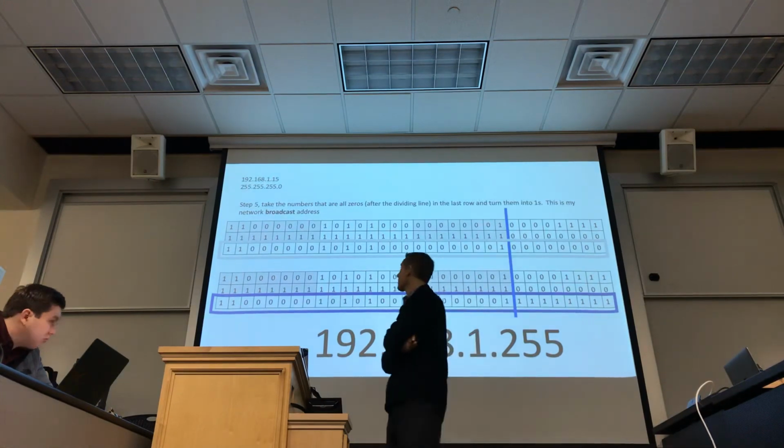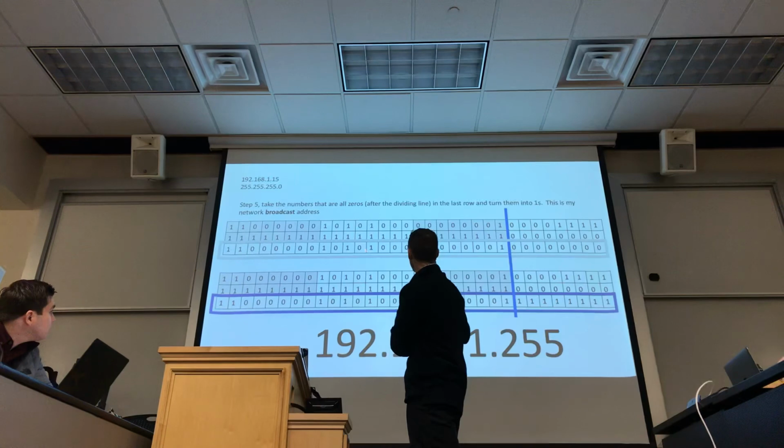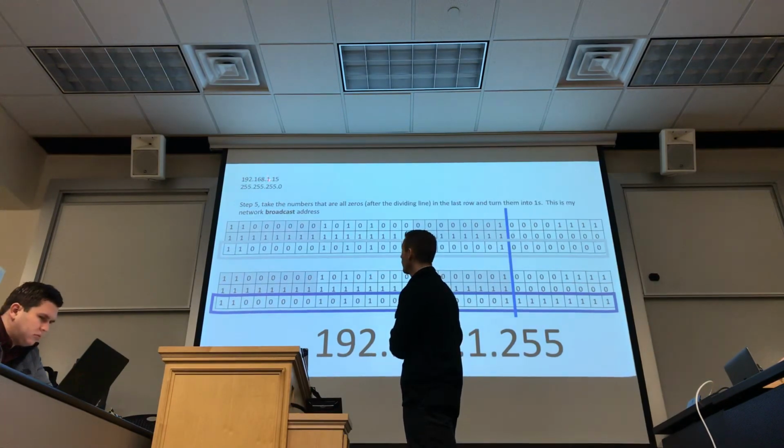But what about the first 3? These first 3 numbers? Yeah. Okay, those ones are staying fixed. In this case, it's 192.168.1. As we talked about the network address, those numbers are staying in place. And for the broadcast address, those 3 numbers are staying in place.